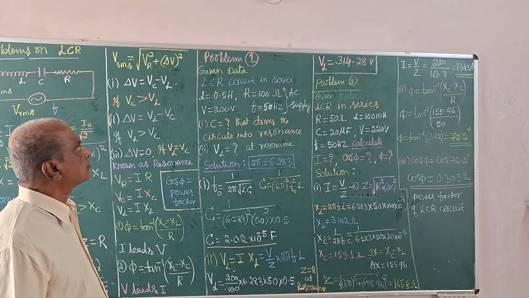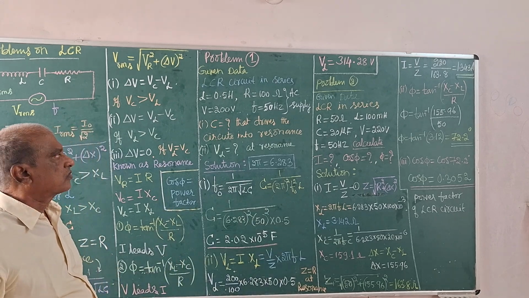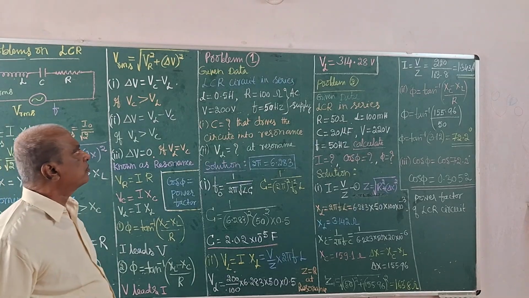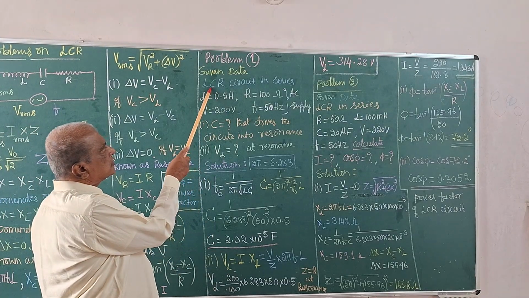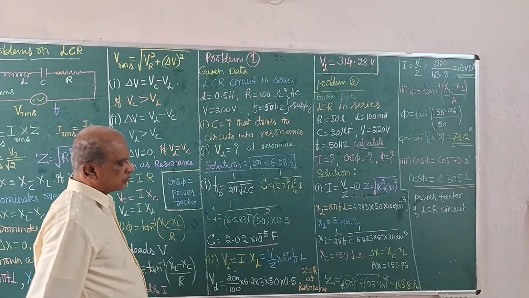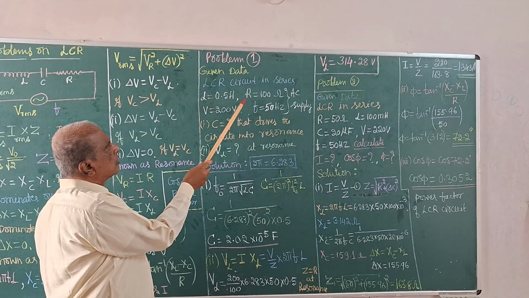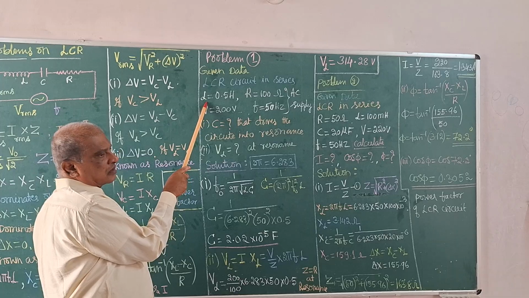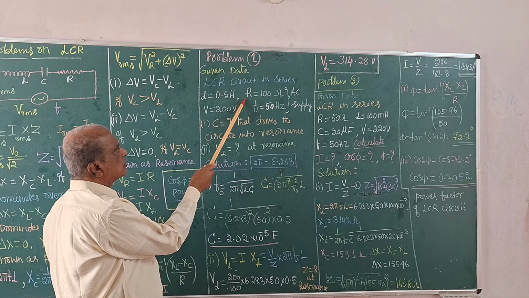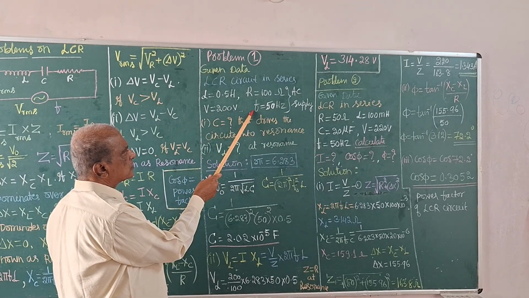The first problem is this one. The problem is not written; the data of the problem I have noted down, and I will read it. The LCR circuit is in series. Given the values of L, R, that is self-inductance and resistance, and the AC voltage source and its frequency.